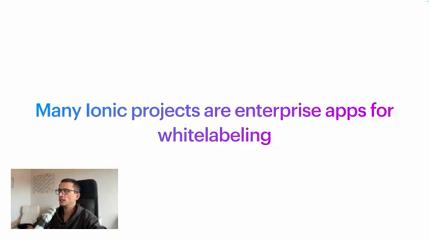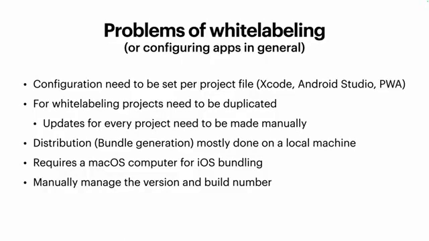For example, if you're developing a news application for a newspaper and you want to use the same application for another newspaper with different stylings, shipping through another App Store account, then you don't want to manage these projects manually, which you currently have to.